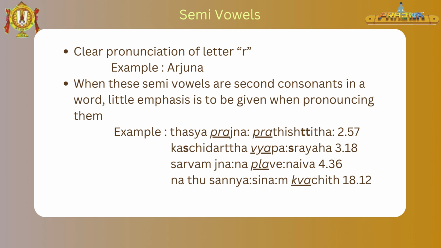Examples. In chapter 2, Sloka 57: Tasya prajna pratisthita. Here the emphasis is given on the letter pra. Instead of chanting Tasya prajna pratisthita, we need to pronounce it with emphasis on pra.